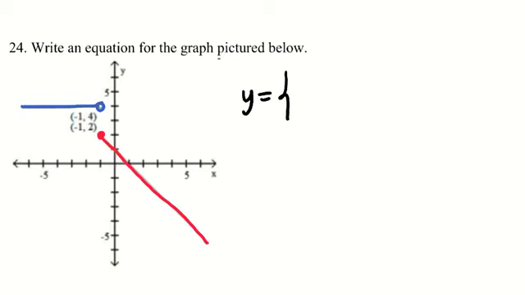Now I'm going to start off with the domain. Blue seems to only apply when x is less than negative 1. And then the red seems to apply when x is greater than or equal to negative 1.